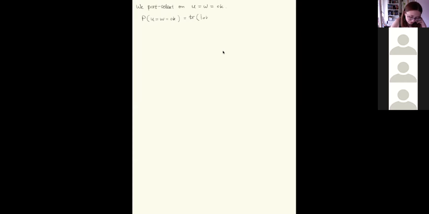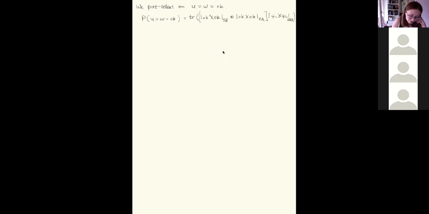So we have okay, okay on the systems SB, tensor product, okay, okay on the systems RA, all calculated given the density matrix psi on all four systems.